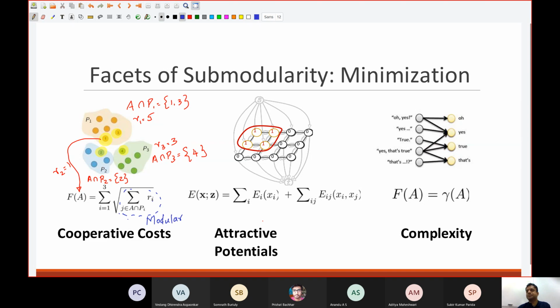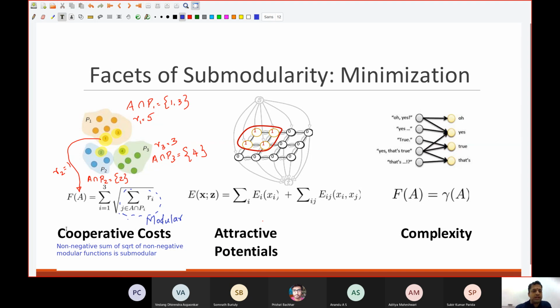The square root of that is submodular. And then summation, we have seen non-negative, it's submodular. So the simple reason is a non-negative sum of square root of modular functions, in simple words, non-negative again, so that's important, is submodular.